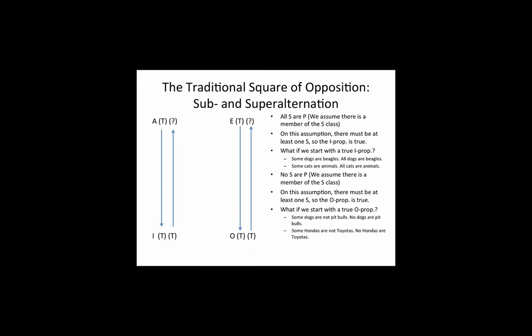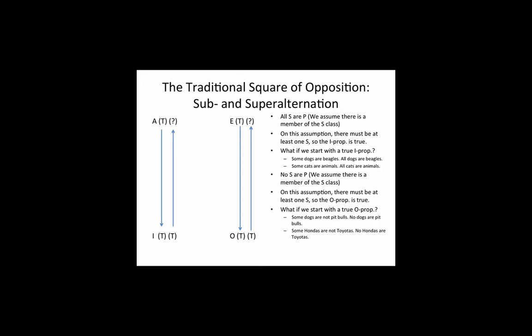Why is that the case? Well, take a look on the right side of your screen, and you'll see the first bullet point says all S are P, and then there's a further note. We assume there is a member of the S class. So if we're saying all S are P and there is an S, that means that it must be the case that some S are P.